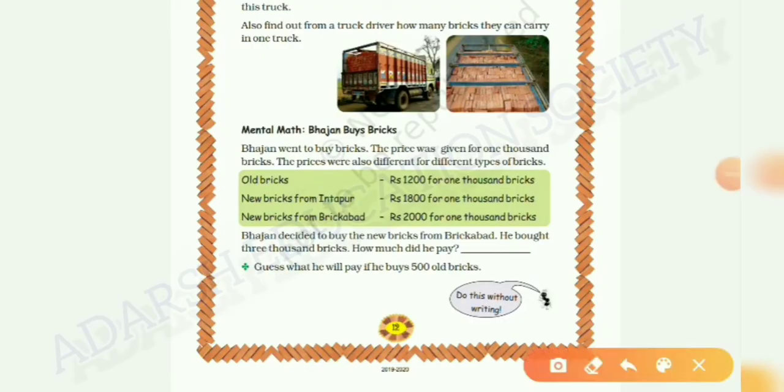Now next, mental math. Bhajan buys bricks. Bhajan went to buy bricks. The price was given for 1000 bricks. The prices were also different for different types of bricks.